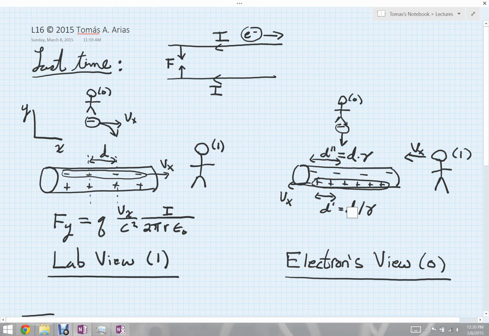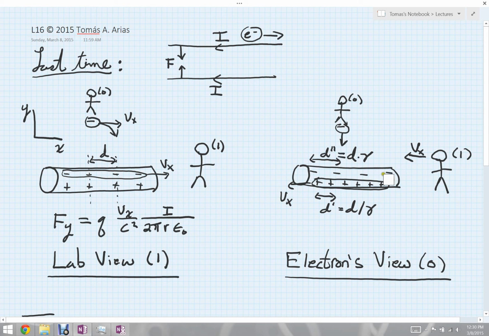There's another somewhat more subtle discussion that involves the fact that now in this reference frame, from the electron's point of view, the electron is riding along at the same velocity with these negative charges. So these are actually stationary in this reference frame.